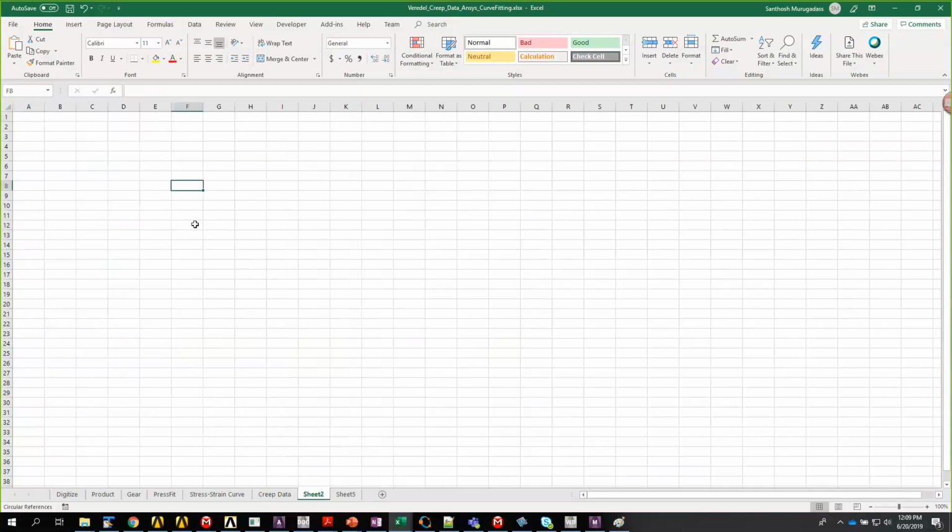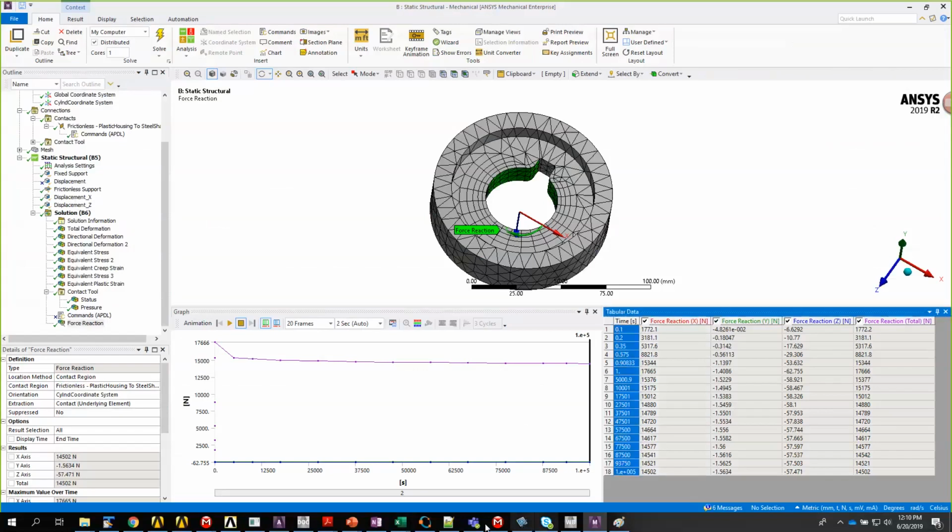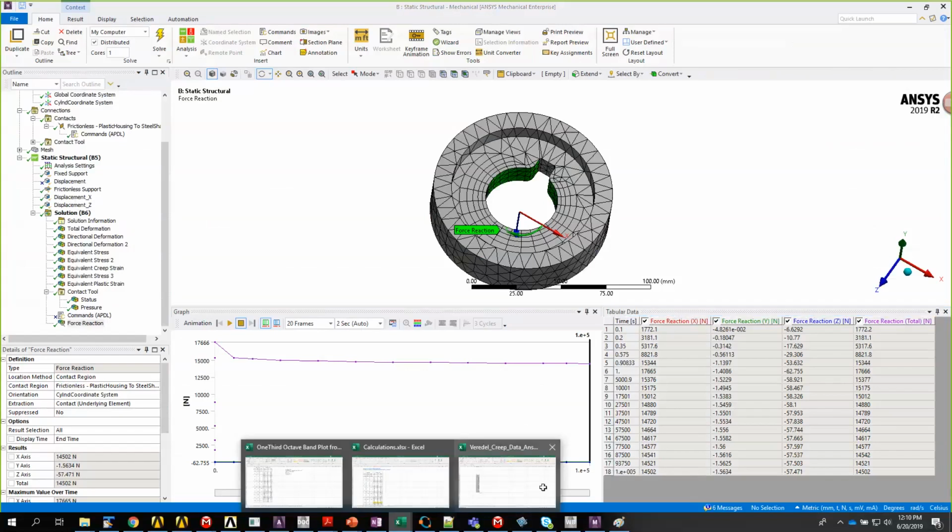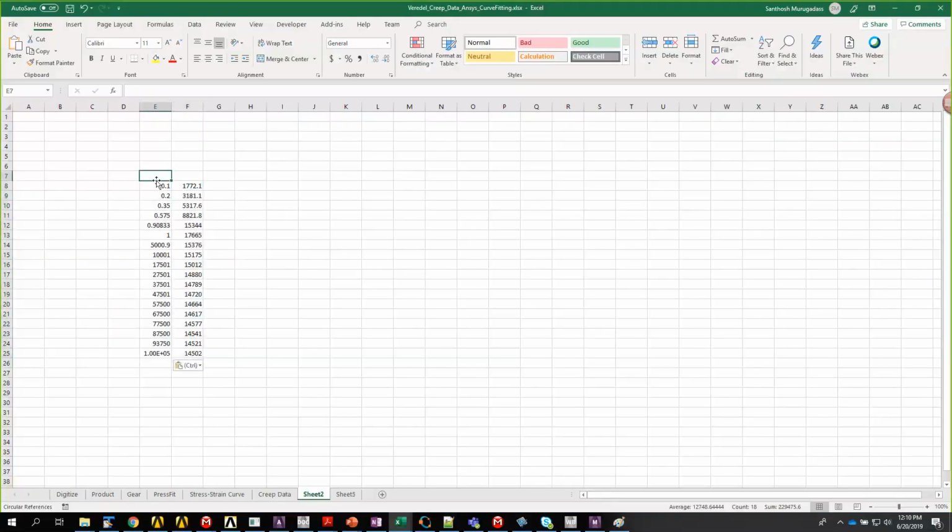Even without using friction, it is possible to estimate the torque. Let me copy the time versus the radial force. This is my time in hours, and this is my normal force F in newtons. Now I want the tangential force in newtons. My friction coefficient mu, let's say it's 0.35.